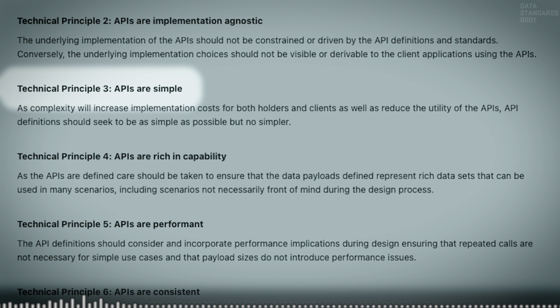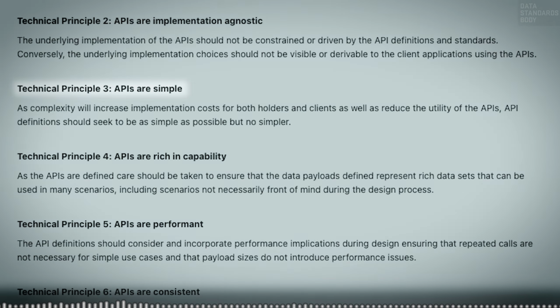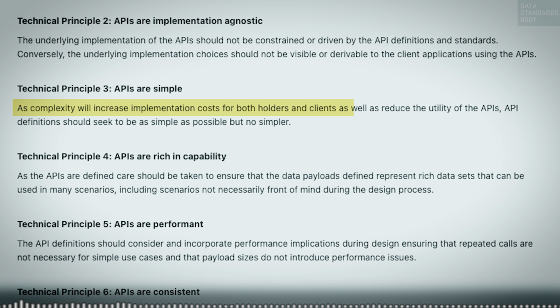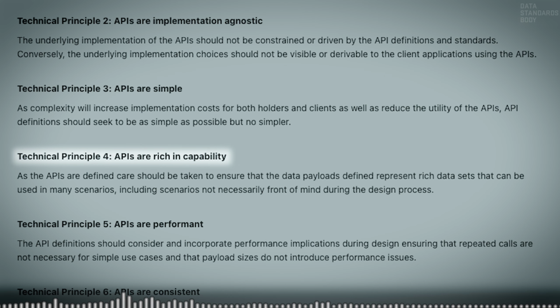Technical Principle 3. APIs are simple. As complexity will increase implementation costs for both holders and clients, as well as reduce the utility of the APIs, API definitions should seek to be as simple as possible, but no simpler. Technical Principle 4.